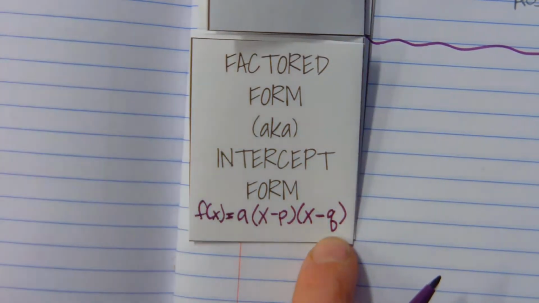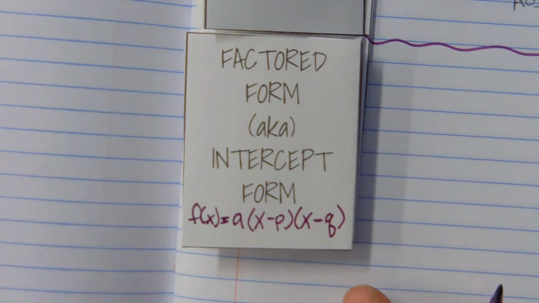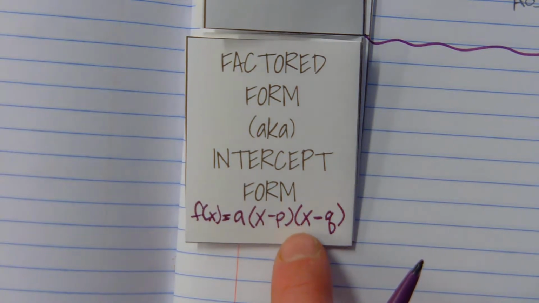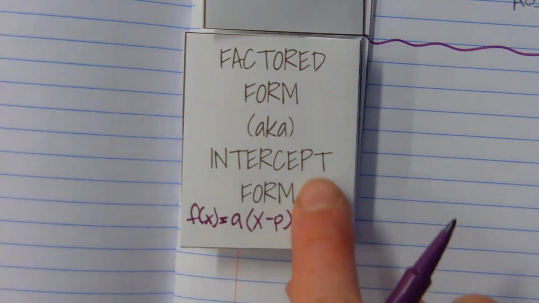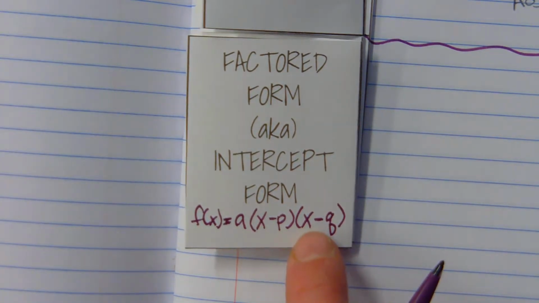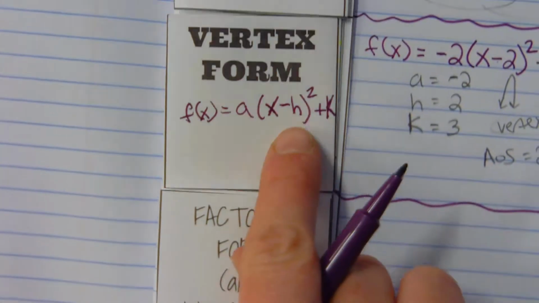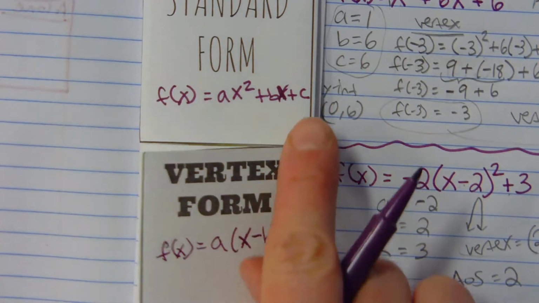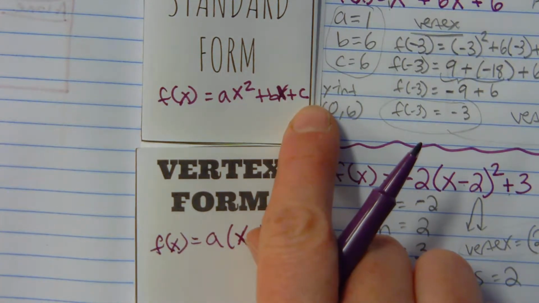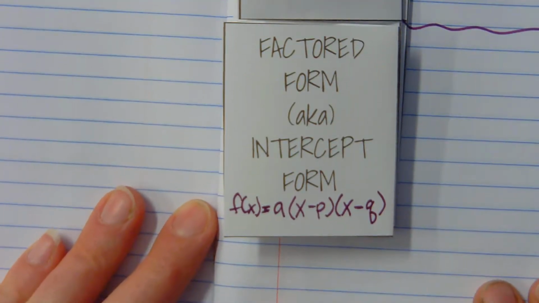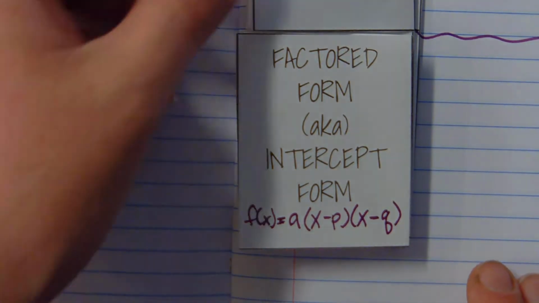And p and q are really important numbers in this because they're going to tell us what our intercepts are, which is where it crosses the x-axis. So intercept form, that's why it's called that. It helps with the x-axis intercepts. This one helps us with our vertex, and this one helps us find our y-intercept. So let's get started with our notes.